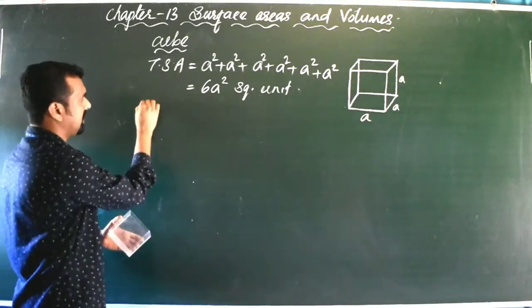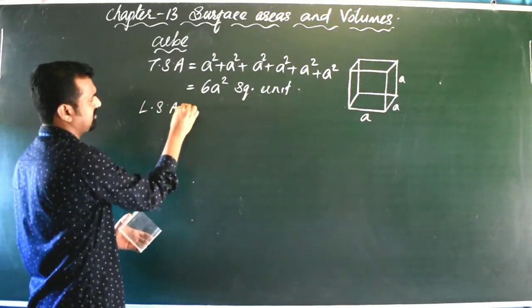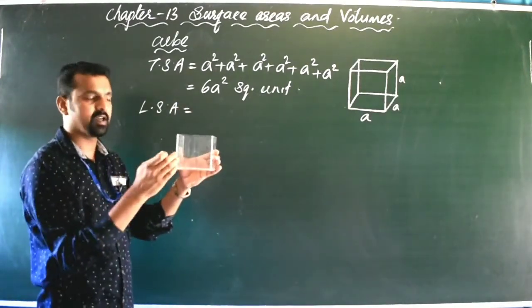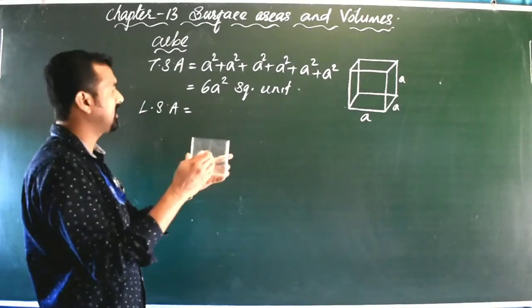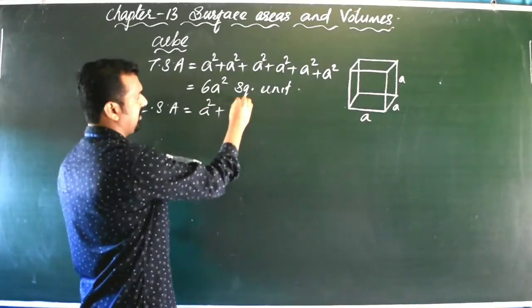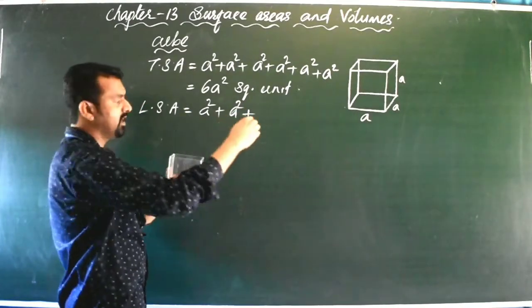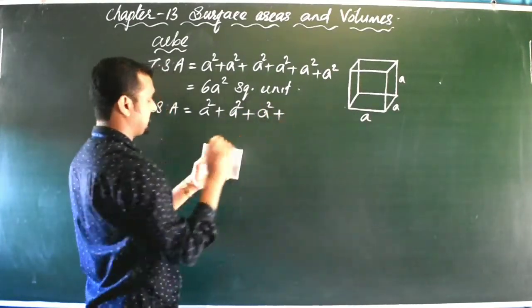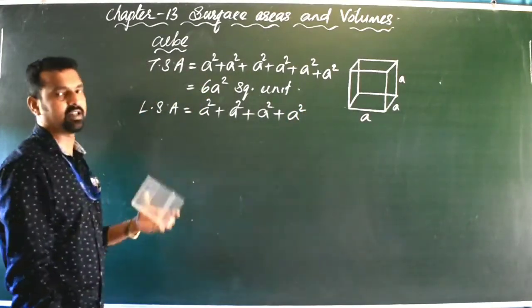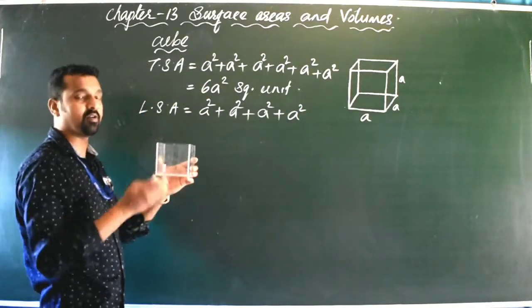Now the next one is lateral surface area. Lateral surface area, as I told in the case of a cuboid also, is the area of all four faces. Its area is A square plus side face A square, back face A square, plus this face A square. All four faces' areas we have to add. That is called the lateral surface area. Top and bottom we will not take.